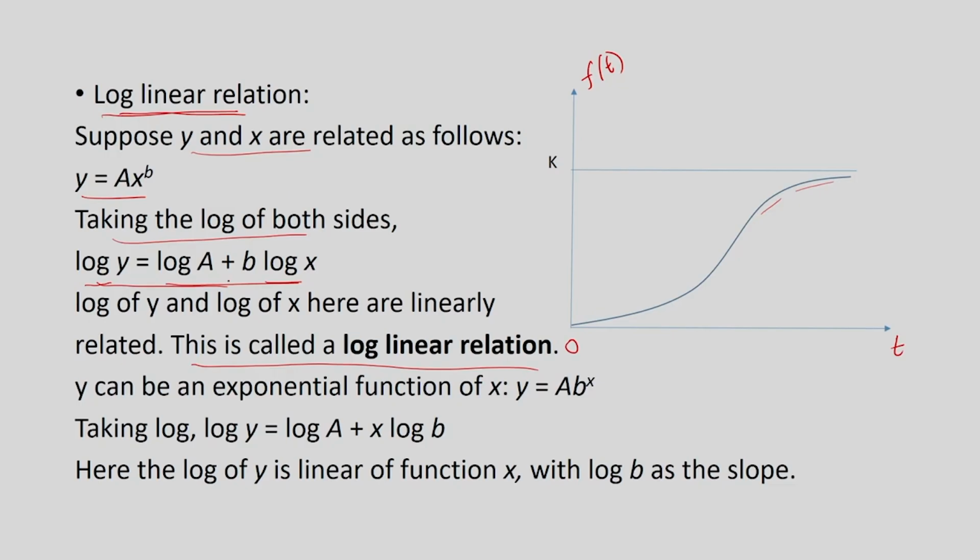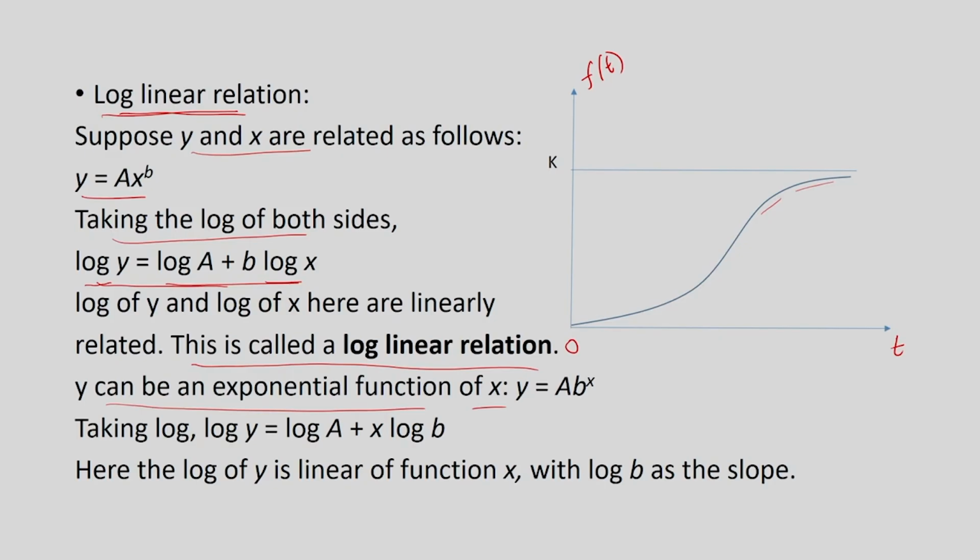Now, we take y to be an exponential function of x. So, y is equal to a multiplied by b to the power x. So, it is an exponential function of x. Now, if I take the log like before of both sides, then I get log of y is equal to log of a plus x multiplied by log of b.